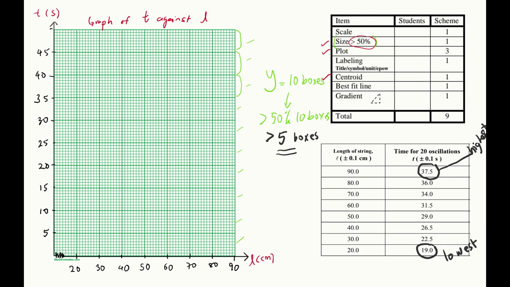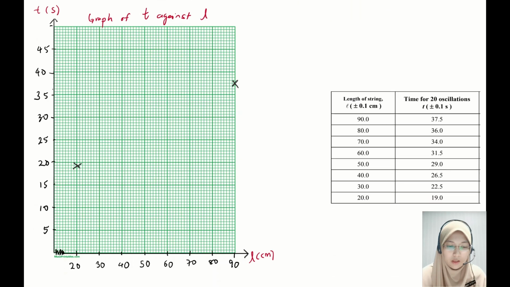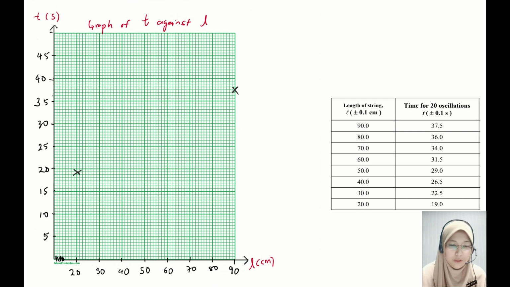Okay, so let's say with the scale I've drawn here, I have this lowest point and highest point. Let us count how many boxes it takes from the lowest to the highest.